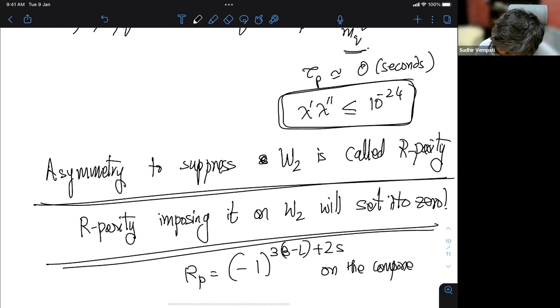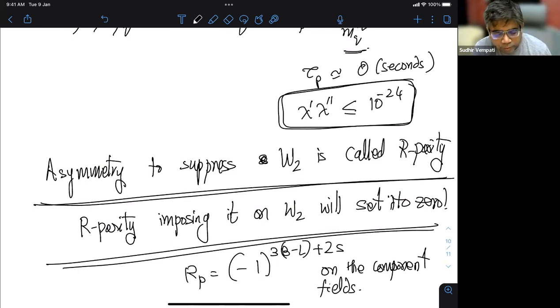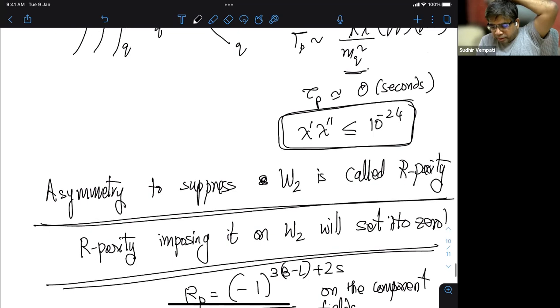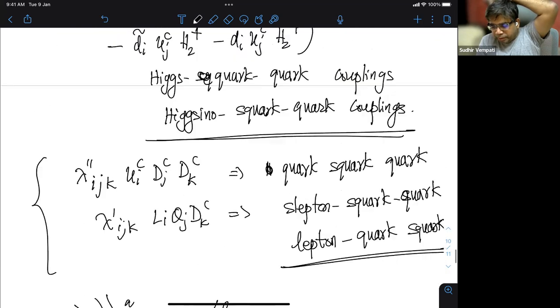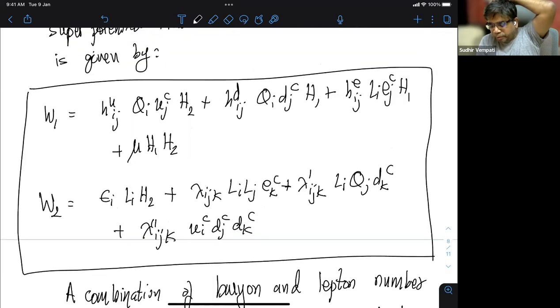I'll do it explicitly again. We'll also talk about what it means in superfield notation. If you impose it on component fields, this is the form it has: (-1)^(3B-L+2s). Imposing R parity completely suppresses W2, and that way you can keep the proton safe.